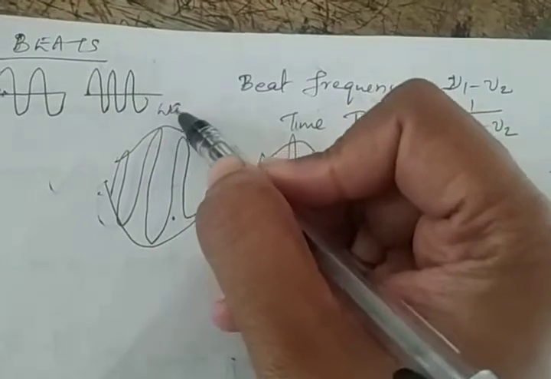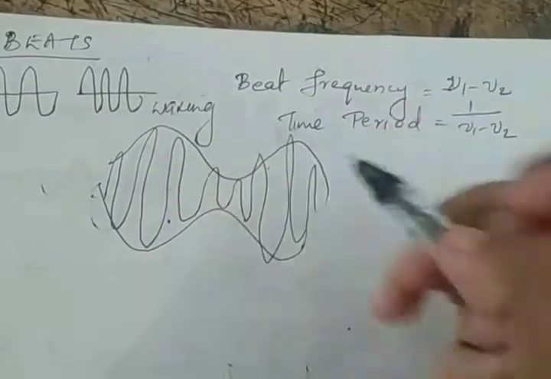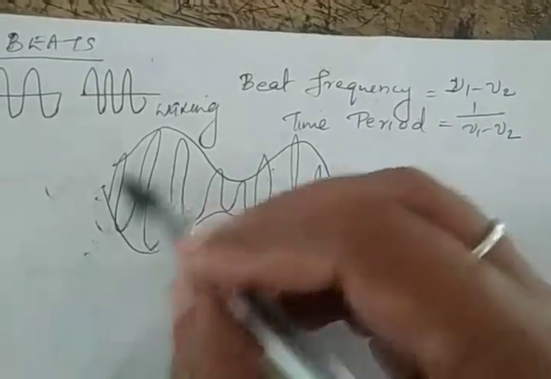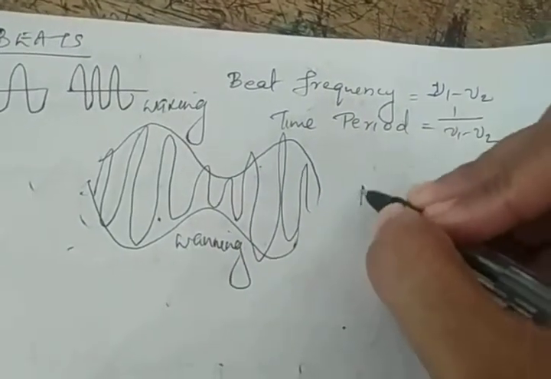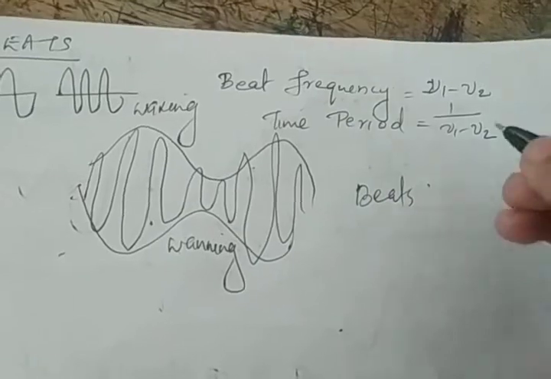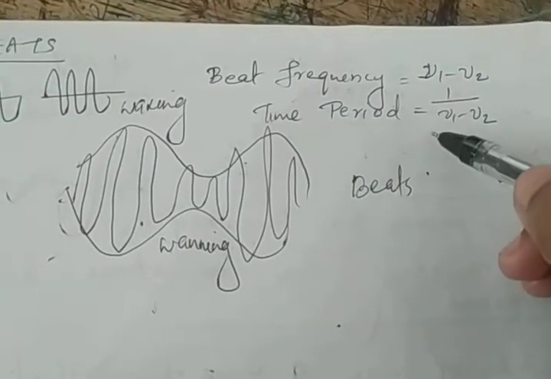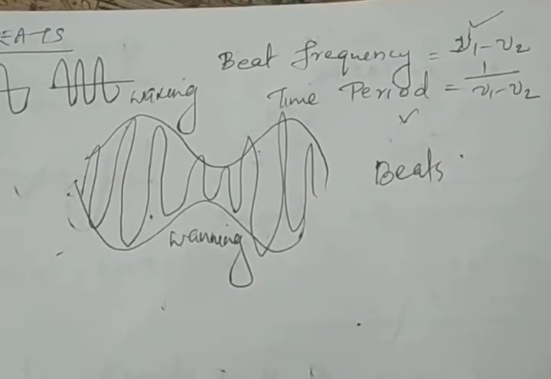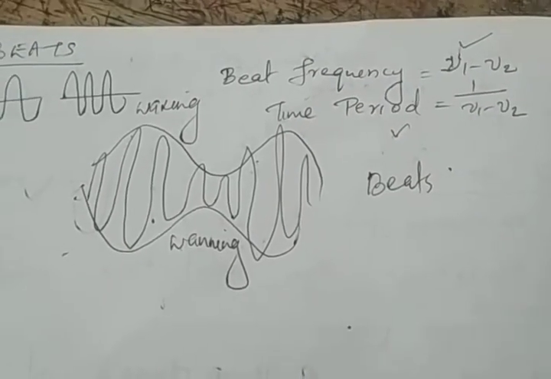This rising is called waxing of sound, and this falling is known as waning of sound. This regular rise and fall of the sound is known as beats. You must study the derivation for the beat frequency. Beat frequency is nu1 minus nu2, and the time period is 1 by (nu1 minus nu2).